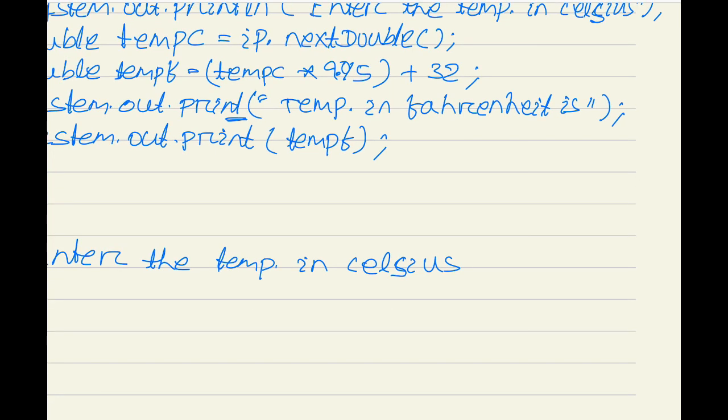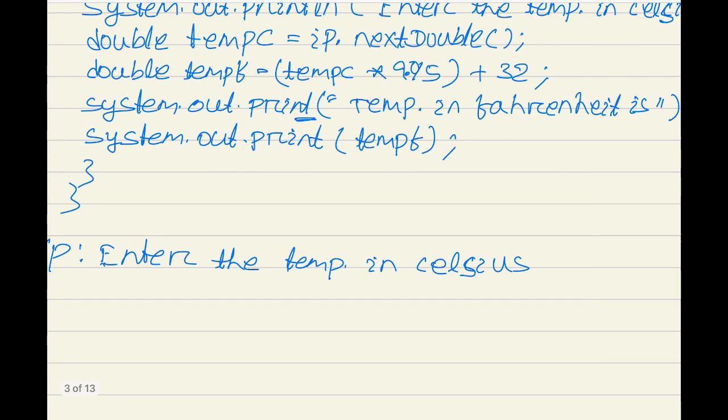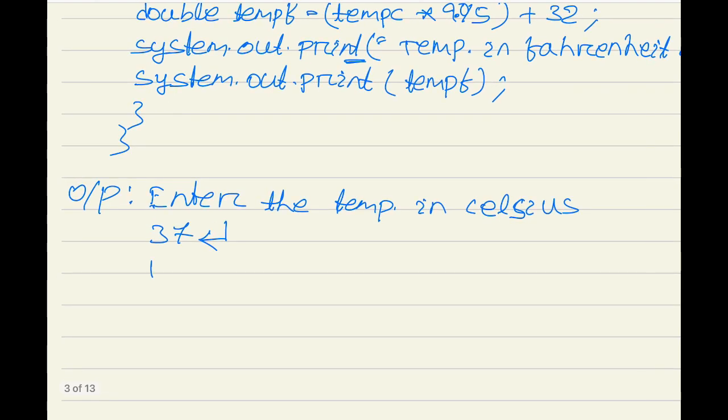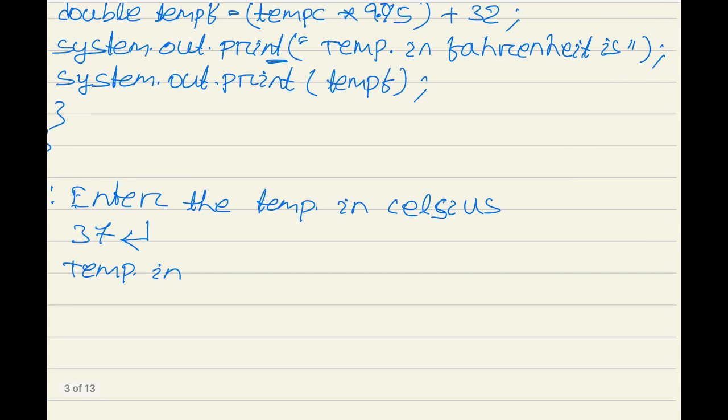Now suppose you entered 37. Then it is going to display the temperature in Fahrenheit is 98.6, because the temperature of 37 degree Celsius is equivalent to 98.6 degree Fahrenheit.